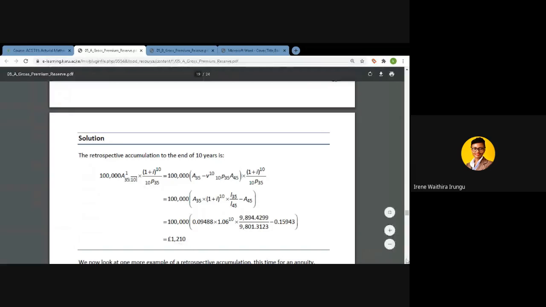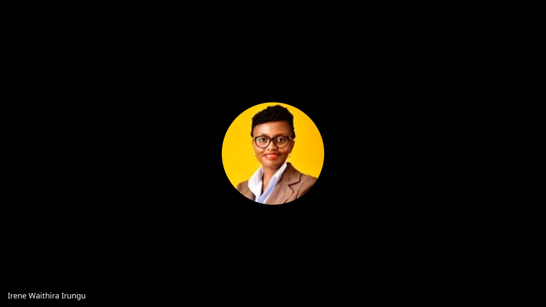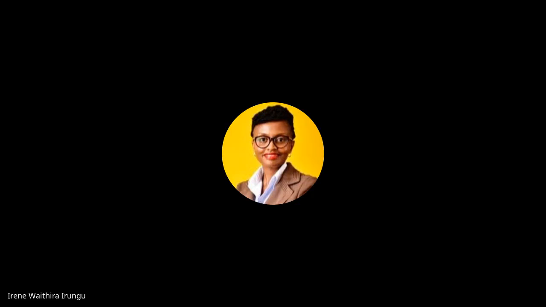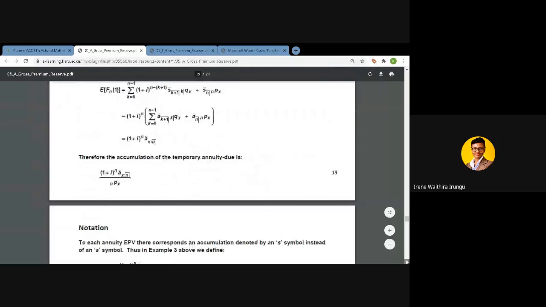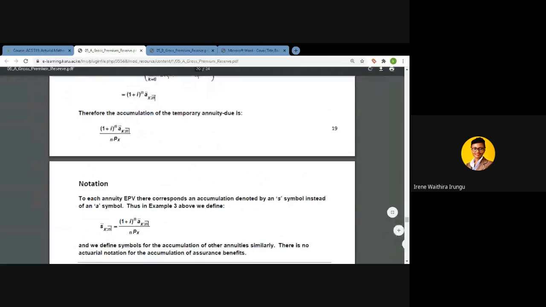So we can also look at another example. This is a case where we are now looking at a temporary annuity due. You can see that the resultant retrospective accumulation is similar to that of the assurance, only that in this case you have the corresponding mean present value of the temporary annuity due.